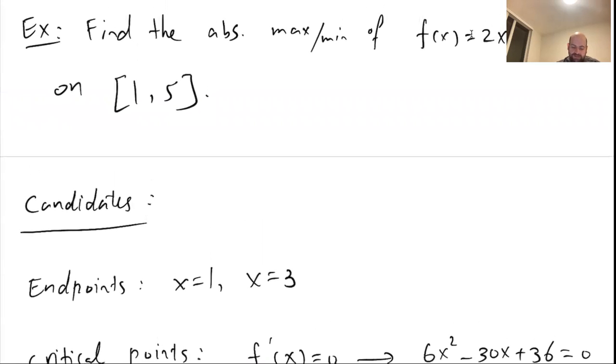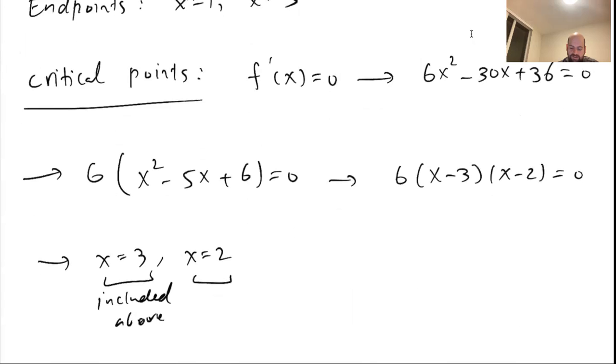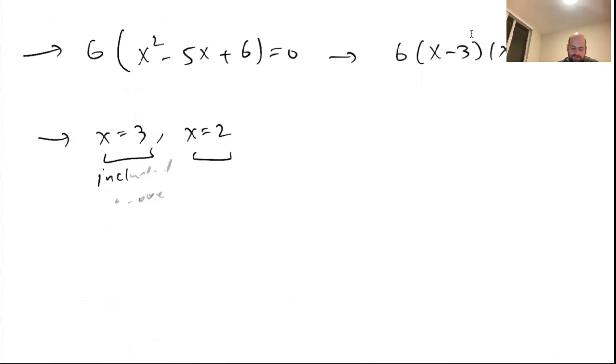Oh, sorry, the interval is 1 to 5, not 1 to 3. So the endpoints are 1 and 5, and critical points are 2 and 3. So 3 is not included above. I have to erase this sentence.